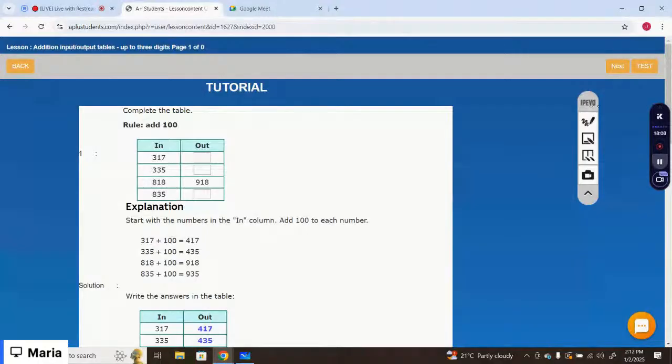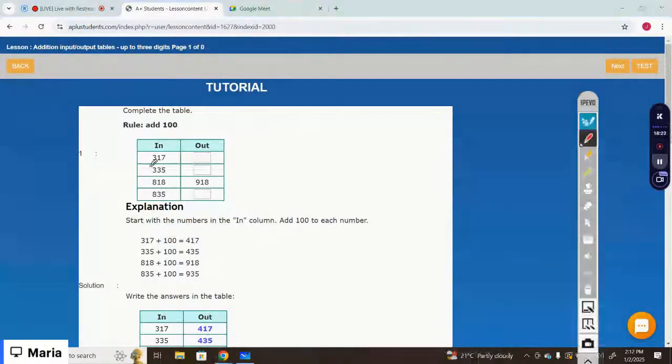Basically you are given a table that has an input and output column. So you have to add 100 to each input value to calculate the corresponding output value. For example, here the first one is 317. So you need to add 100 to 317. When you add 100 to 317, that is 417. So for this column, the output is 417.